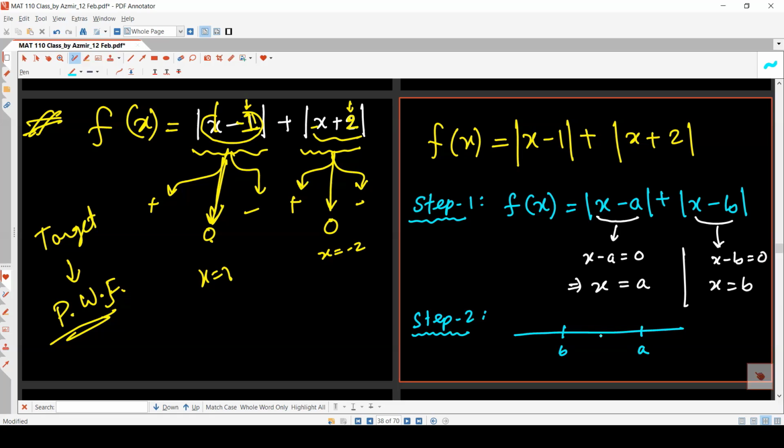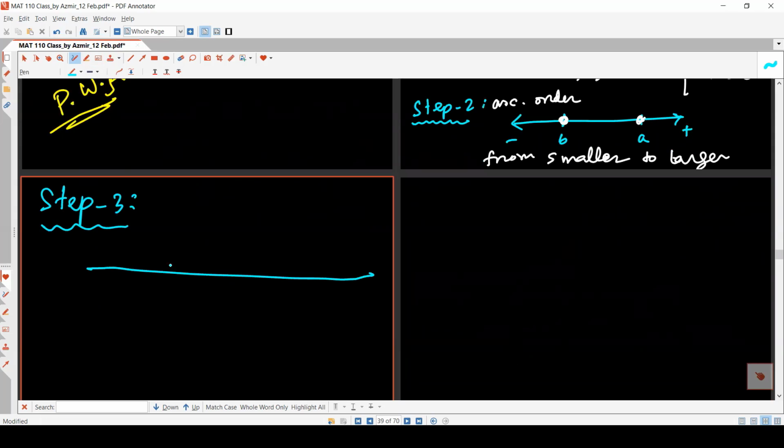We know that in number line we have 0, and these quantities are negative and these quantities are positive. So in number line we have to identify which number is smaller and which number is larger. So in number line we have to locate these numbers in ascending order from smaller to larger.